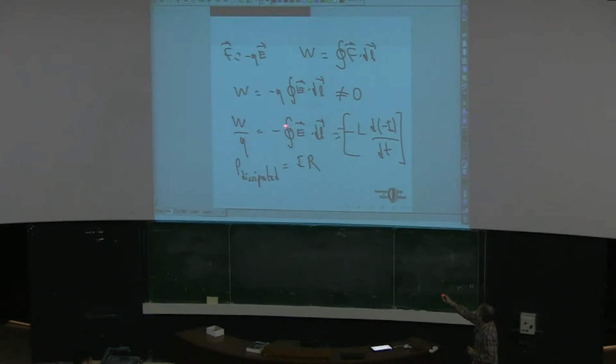This minus sign is this one over here. These two are equal. This minus sign is from Faraday's law, it is minus L di by dt. And this minus sign is because our current is running in the opposite direction. So this is the work that we have to do if we want to carry this unit charge around the circle. And it has to be the power dissipated by the resistor. IR is equal to minus L di by dt, and hence we again reach the same equation.